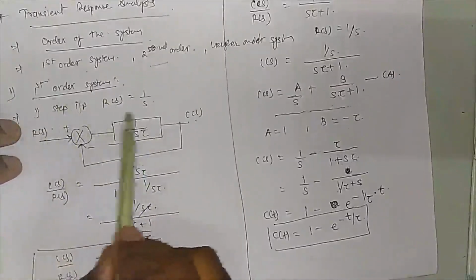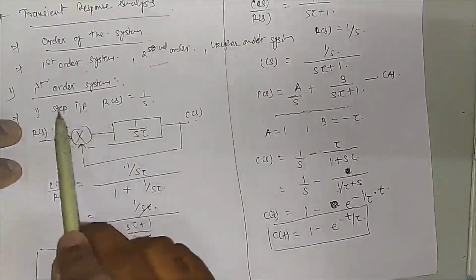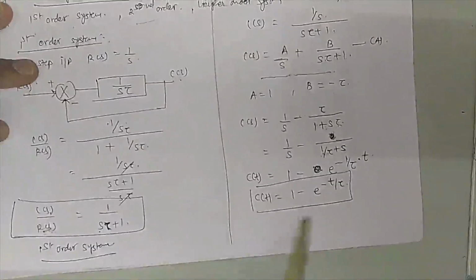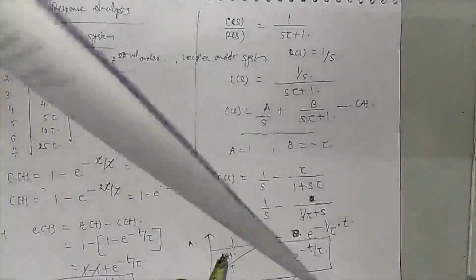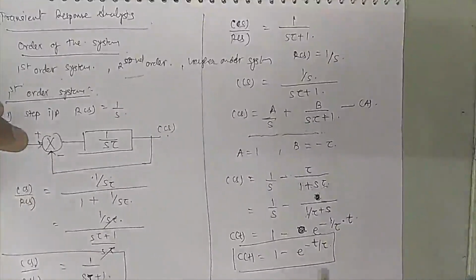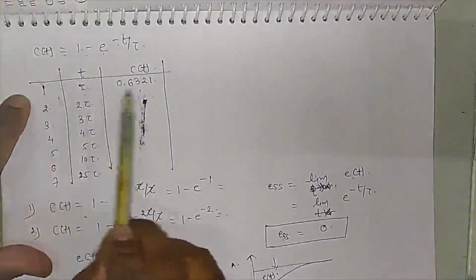In the first order system we have given R(s) equal to 1/s, that is nothing but the unit step input, and we have derived the equation of C(t). If I am plotting the value of C(t) with respect to various values of t, we have summarized all these things.